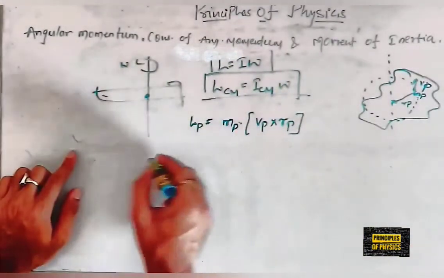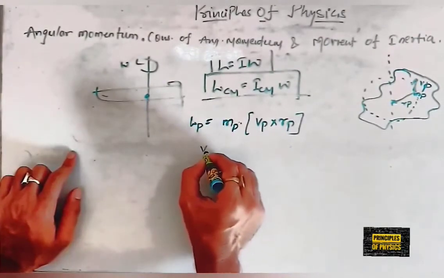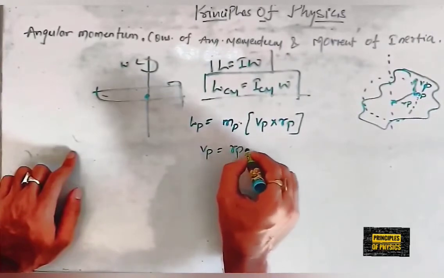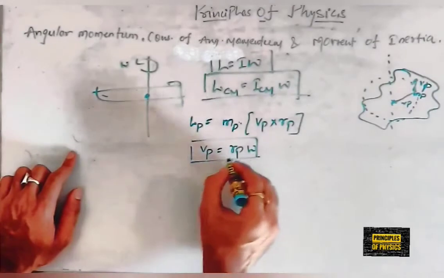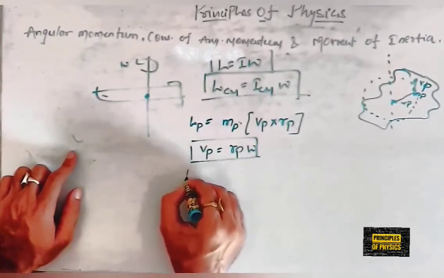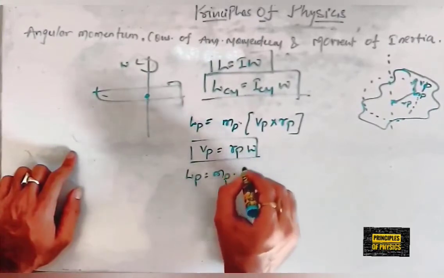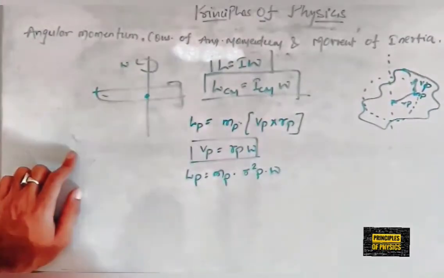of that body. Now, as we know, vp equals rp omega. So we will substitute and we will get Lp equals mp rp square omega.